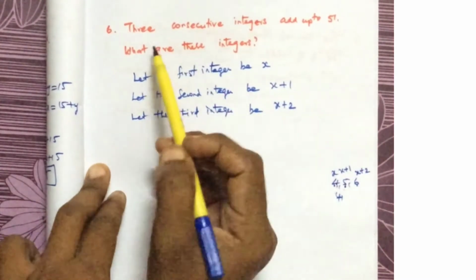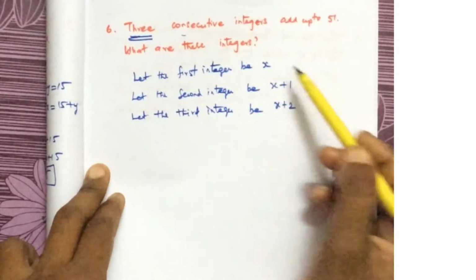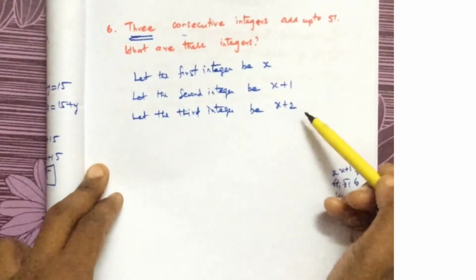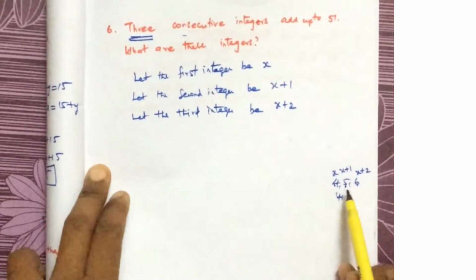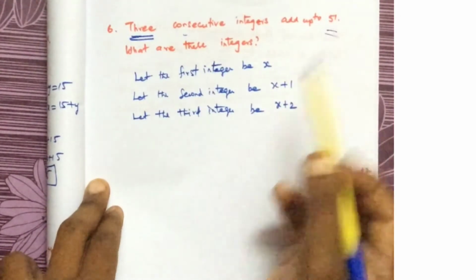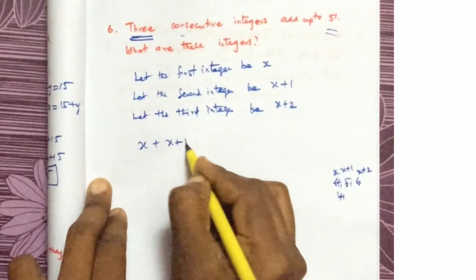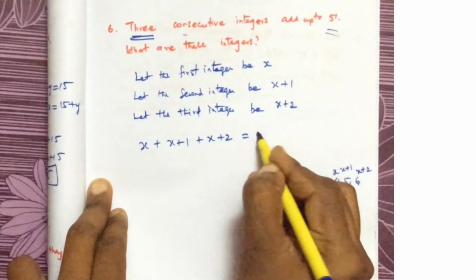Since 3 consecutive integers are given, I have taken x as the first integer, x plus 1 as the second integer and x plus 2 as the third integer. Okay, this 4, 5, 6 is just an example. Now if you add them, it should give 51. Adding the first, second and third integers should give 51.